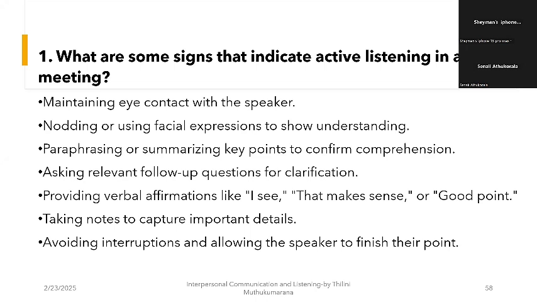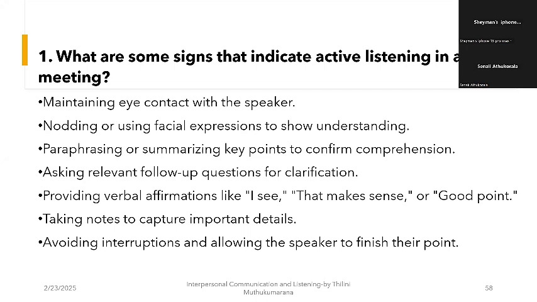And paraphrasing and summarizing key points to confirm comprehension, whether you understood it or not. You can summarize the facts, we call it reflective listening, right? You can ask again, and you can ask relevant follow-up questions for clarification.